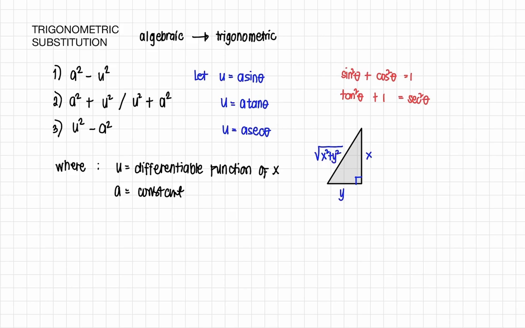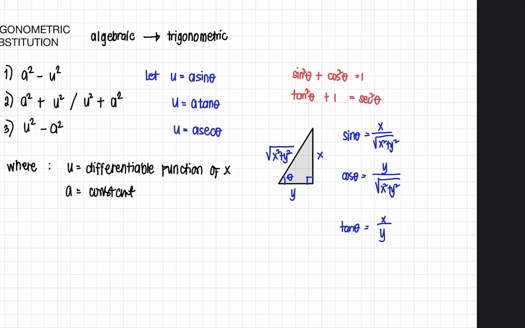And so for the ratio of the sides, if this angle here is theta, then sine theta equals x over square root of x squared plus y squared. Cosine theta is y over square root of x squared plus y squared. Tangent theta is equal to x over y.